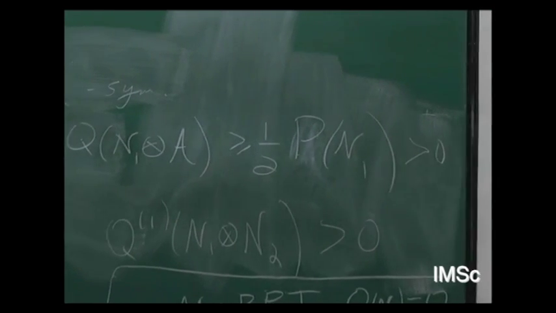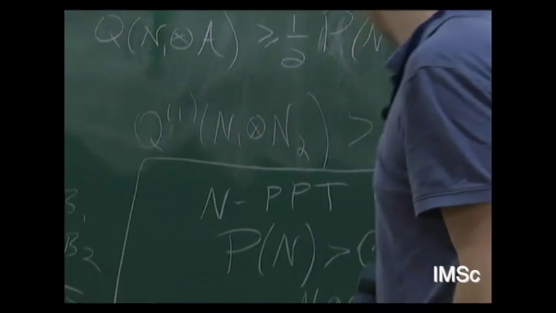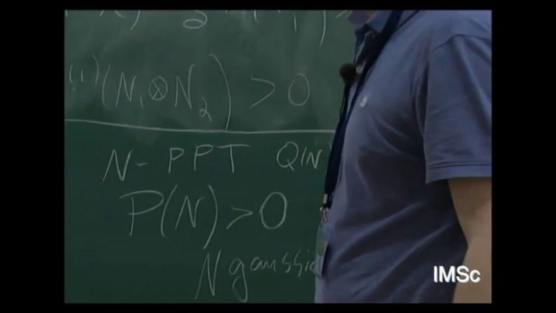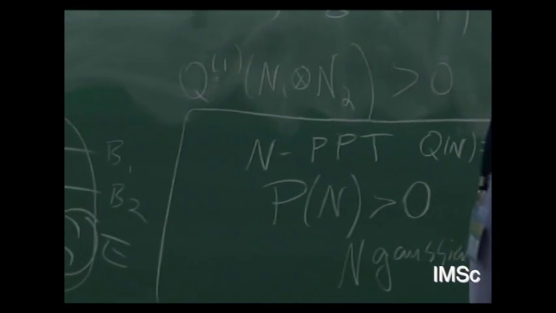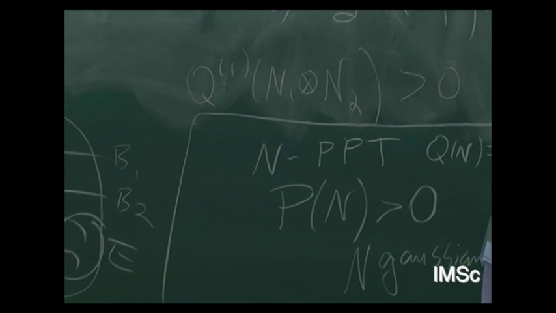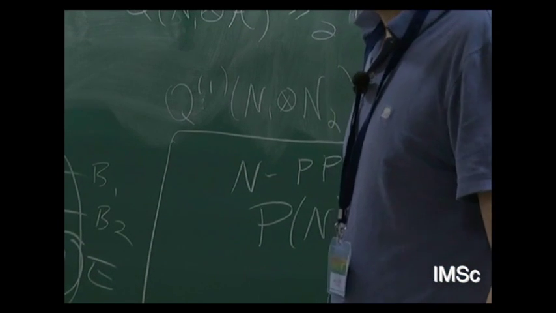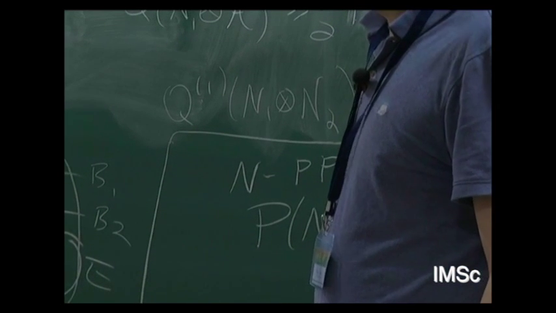Oh yeah, this last one, the non-PPT two-mode Gaussian channels. What is the situation? Do you know that their private capacity is 0, or you don't know their private capacity? I don't know.